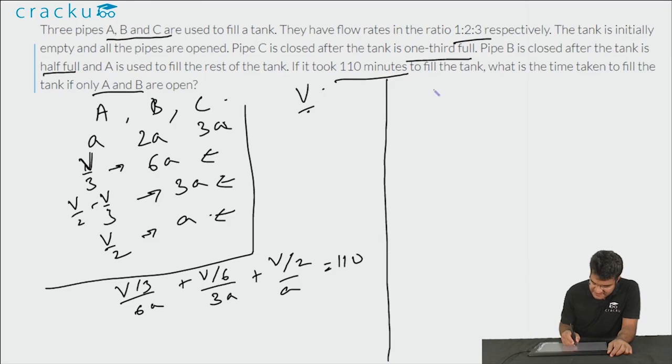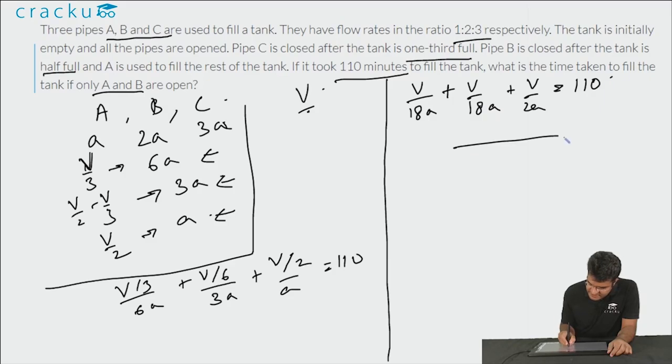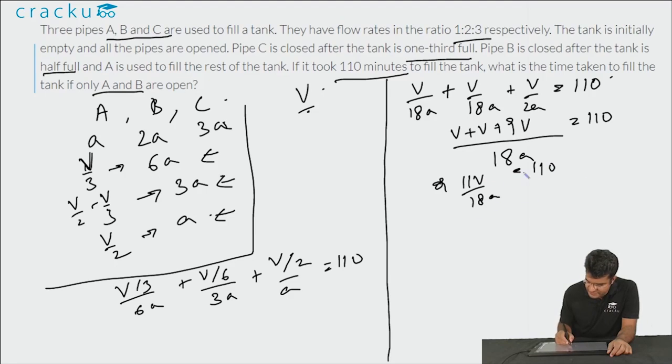Now if you simplify this, you get V by 18A plus V by 18A plus V by 2A is equal to 110. The common denominator, you can make it as 18A because that's the LCM, this will equal V plus V plus 9V is equal to 110 times 18, or 11V by 18A is equal to 110. You can cross multiply and you can find that V by A is equal to 180.